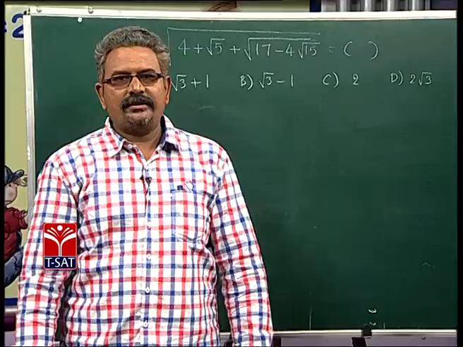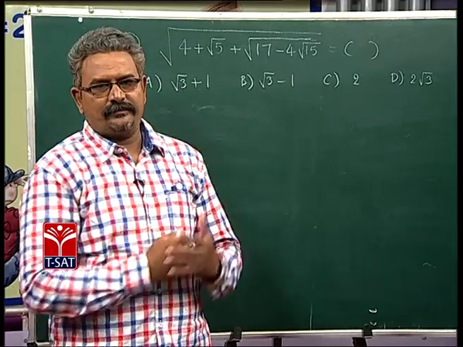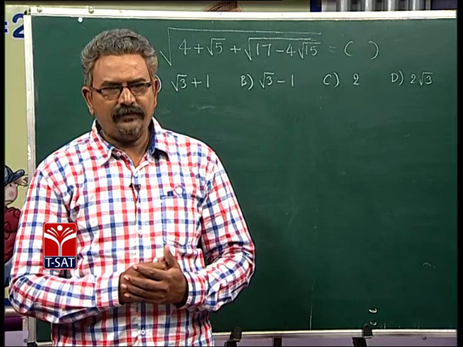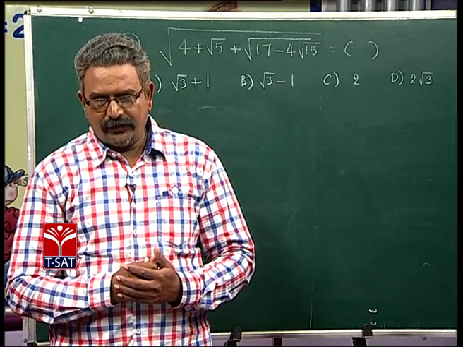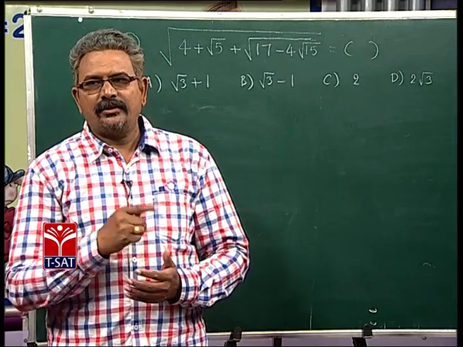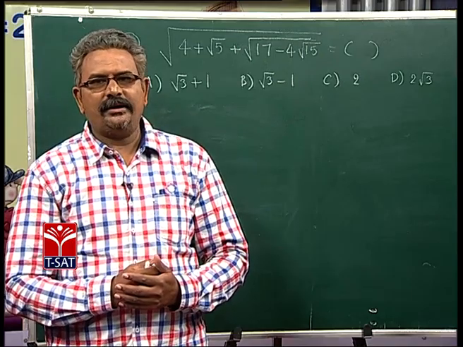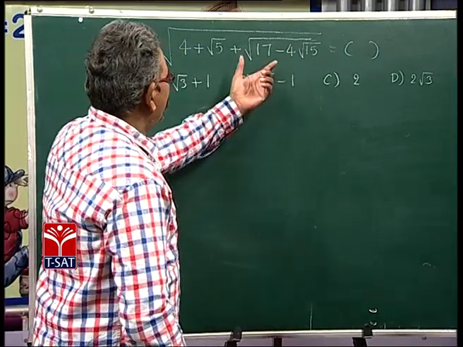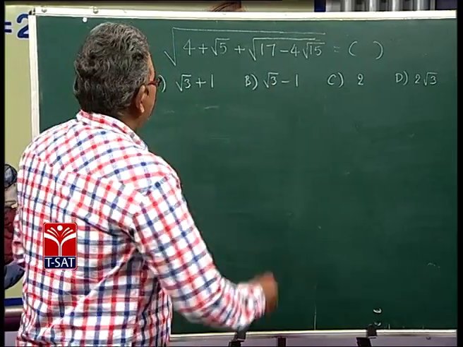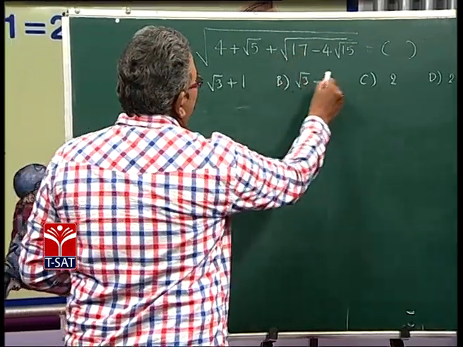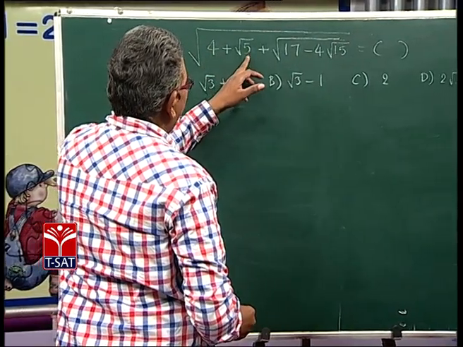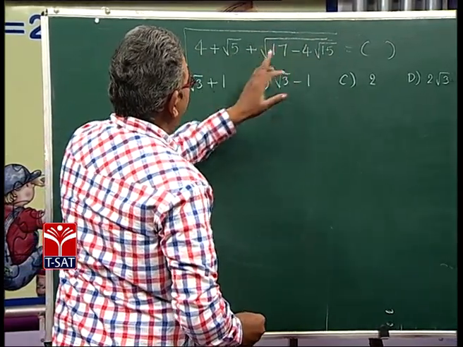So, first read the question. What is the question given? Square root of 4 plus root 5 plus square root of 17 minus 4 root 15. Now, in order to solve this one, first we have to find the square root of this one, after that the square root of this one, and then add them.